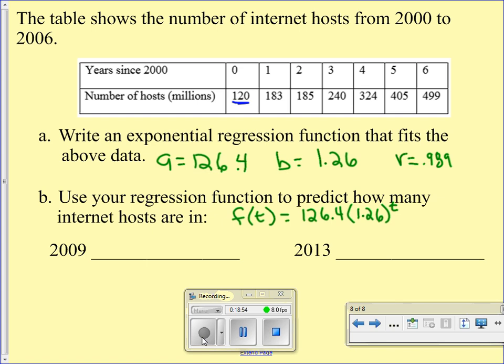It just asked me to find the number of internet hosts in 2009 and 2013. So for 2009, t is going to be 9 because it's 9 years after 2000. For 2013, t is going to equal 13 because it's 13 years after 2000.